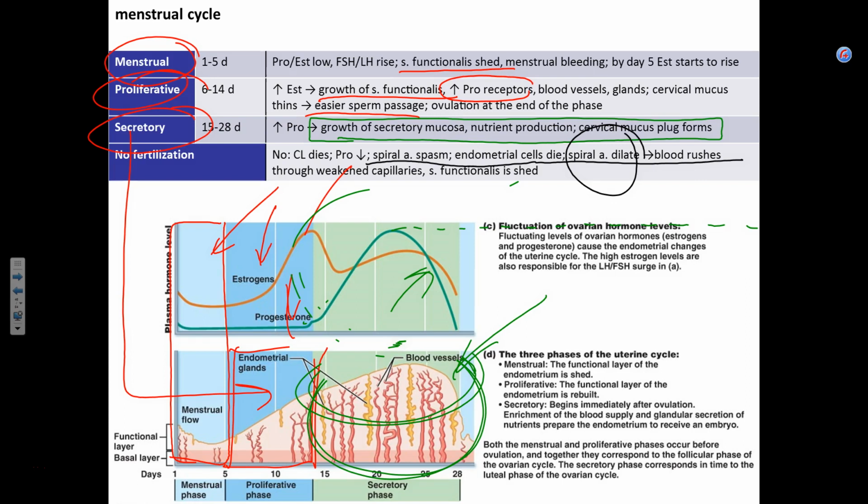The whole regulation is so synchronous and so tightly wound up, one hormone with another. So in regards to the menstrual cycle, know what happens at the stages and what the roles are for estrogen and progesterone. Estrogen stimulates the regrowth, stimulates the proliferative phase, while progesterone stimulates the secretory phase. Good?